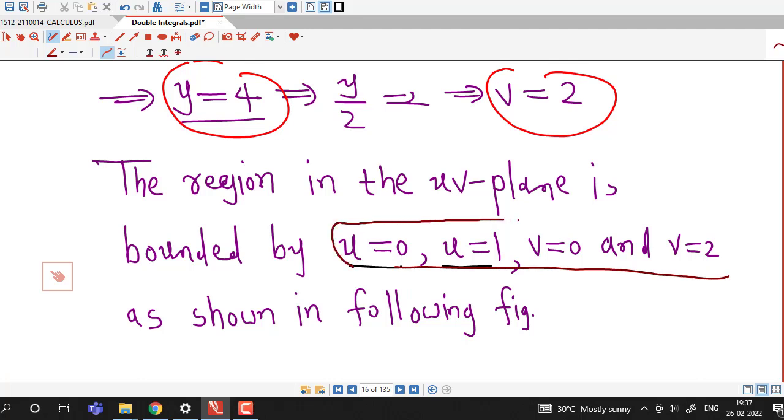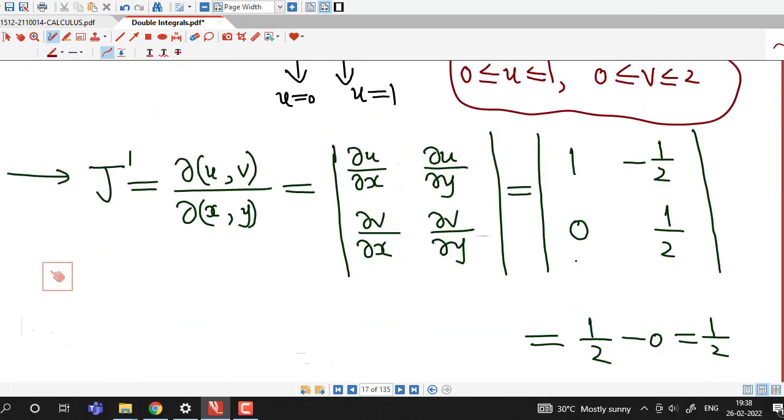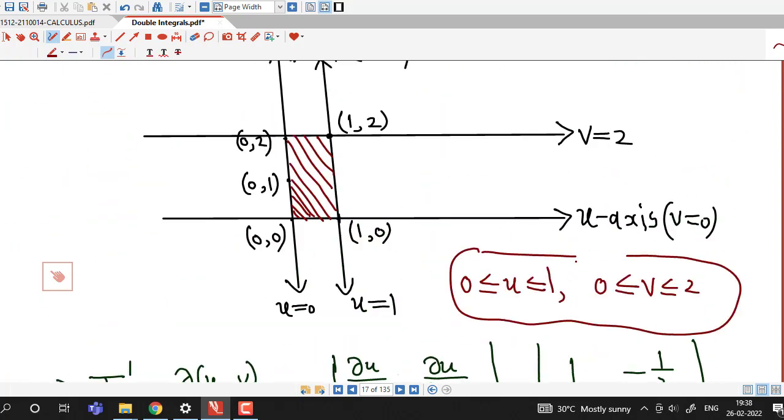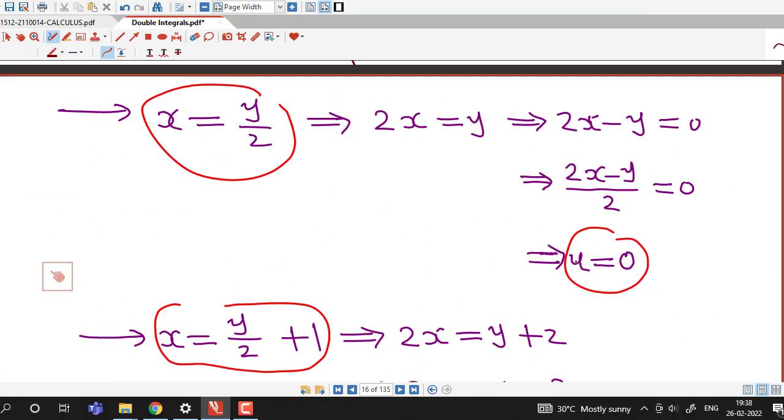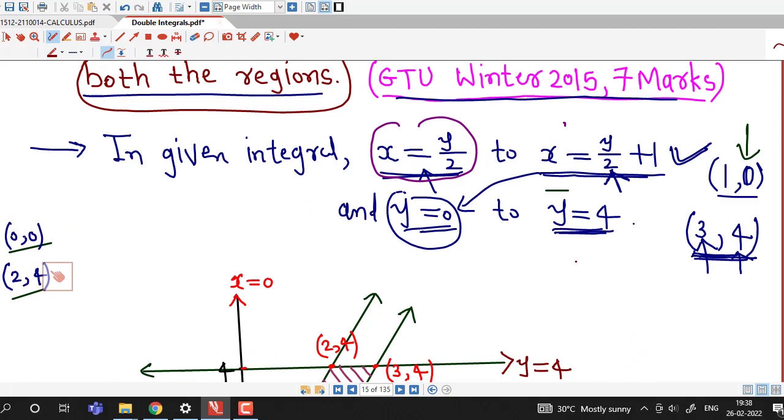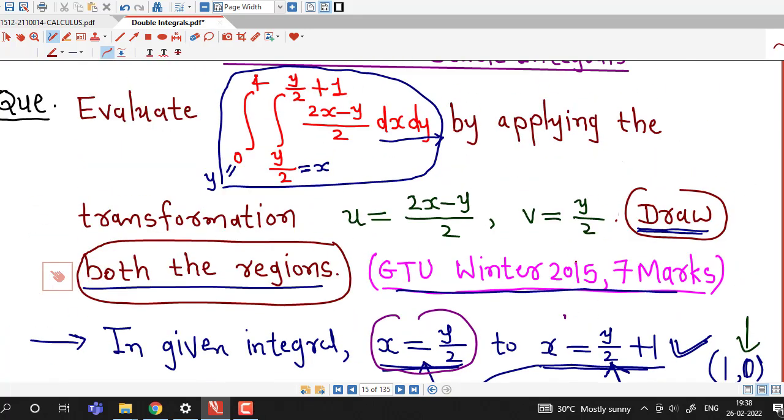The boundaries which we obtain corresponding to curves in the xy plane, all the boundaries are lines, and lines parallel to the u axis and v axis. That means we are having constant limits for u and v. So if we have constant limits for u and v, then it is not necessary to sketch the region of integration. We can directly integrate. But if it is specified that you have to draw both the regions, then you must sketch both the regions of integration. Otherwise you will lose marks.